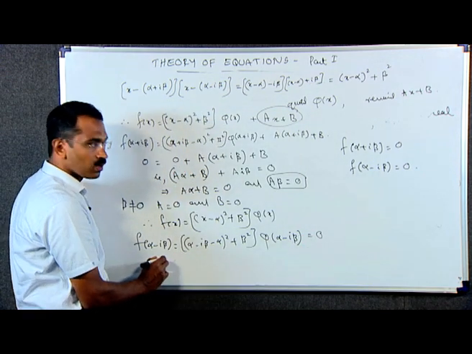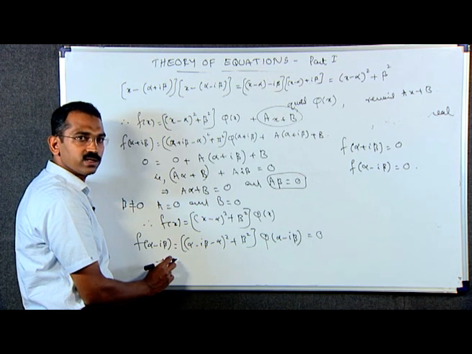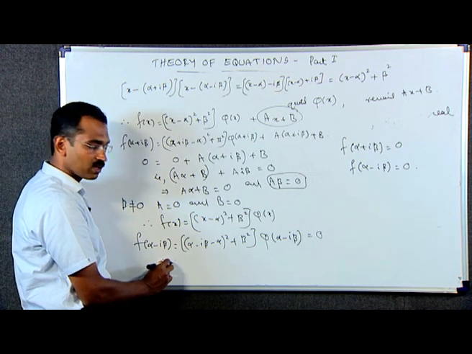Therefore, alpha minus i beta is also a root of the equation f(x) equal to 0.